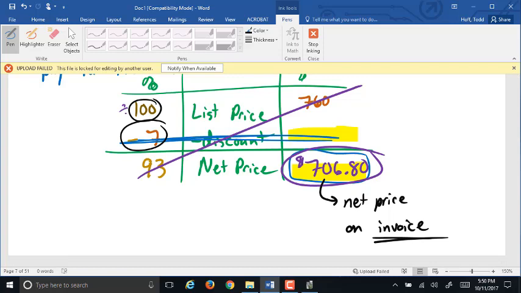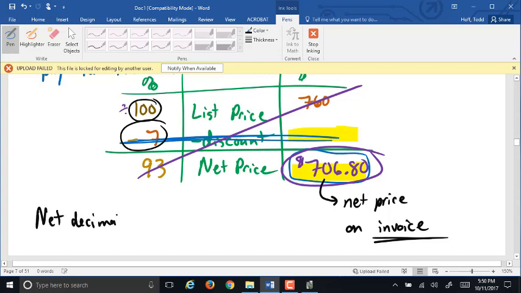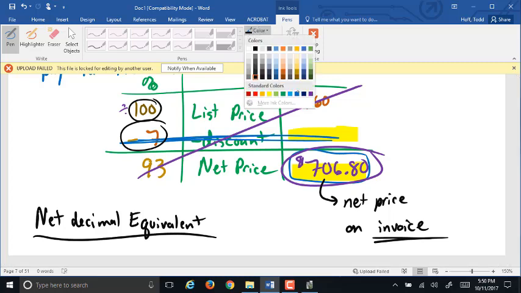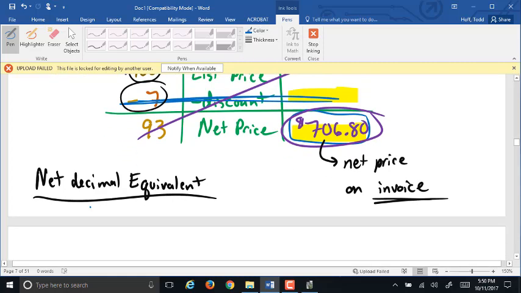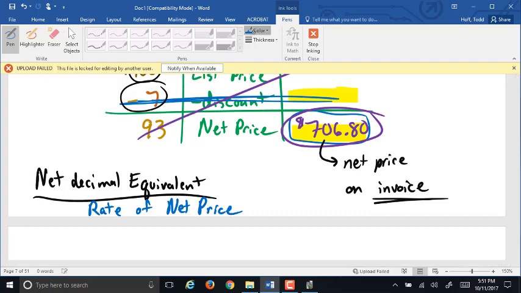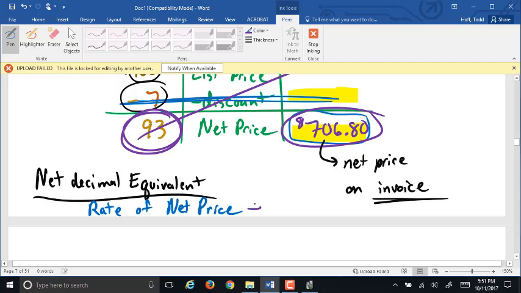There is a net price rate here called a net decimal equivalent. The net decimal equivalent is just the rate of the net price. Well, in this problem, what is it? 93%, or as a rate, 0.93.